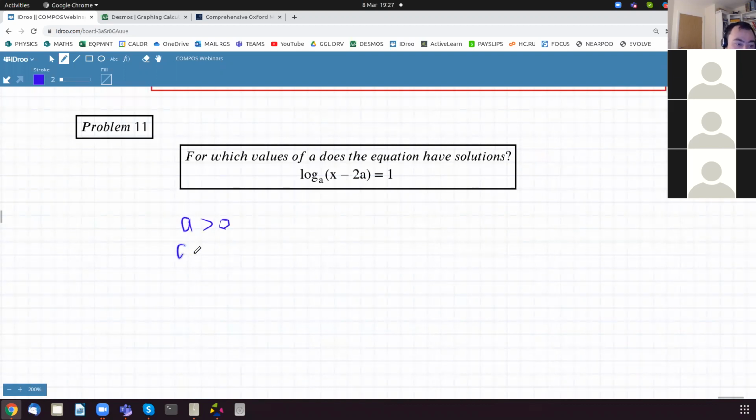So we know that a is not equal to 1. Also, we know that the logarithmic expression has to be positive. So x minus 2a has to be positive. In other words, x has to be greater than 2a. Okay, so these are our limitations or domain of the equation.